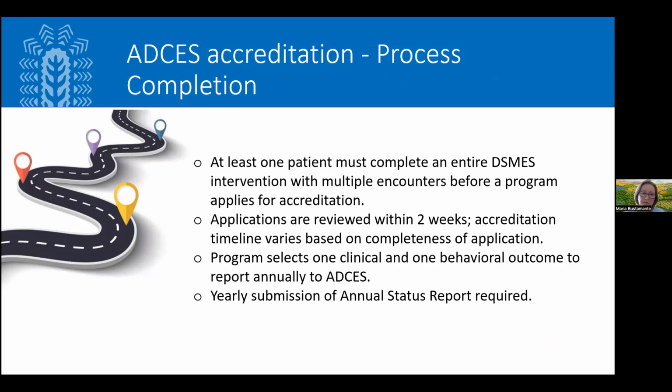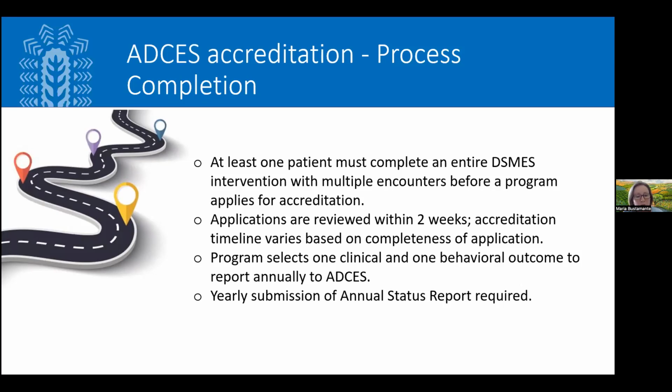The process of completion: you do have to have a record of one patient that already completed the entire DSMES intervention, and this needs to be documented. The applications are reviewed within 2 weeks after a full submission, and the accreditation timeline varies depending on questions or how complete the application is.